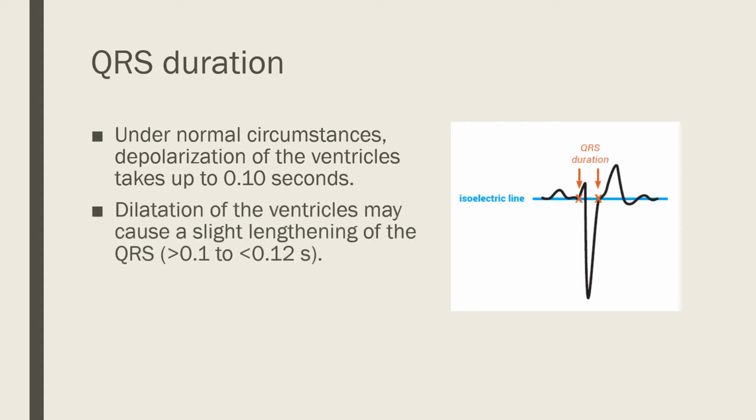Dilation of the ventricles may cause a slight lengthening of the QRS complex, more than 0.1 second to less than 0.12 seconds, which means between 2 to 2.5 small squares in the ECG tracing.